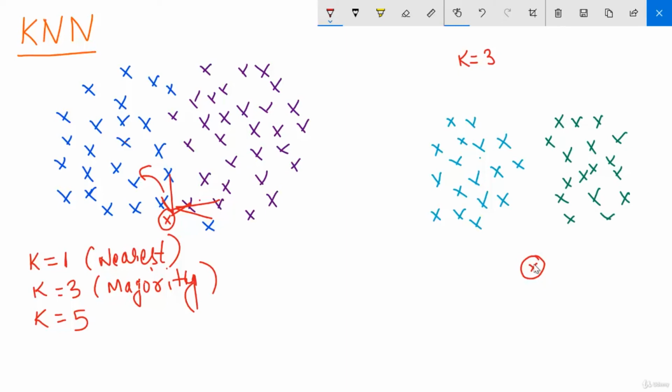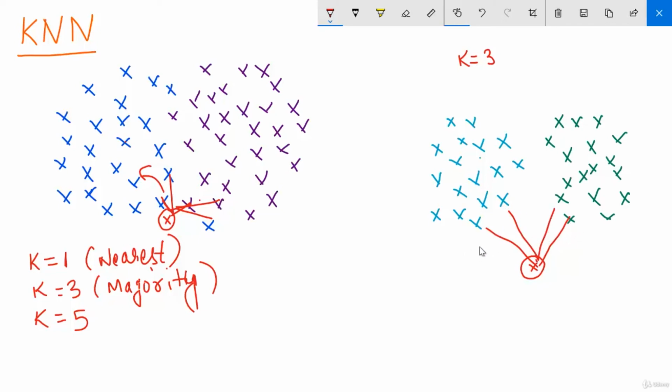So this is a condition where KNN fails, because the point is in the middle and everything is equally distant. Like this is equal, or this is also equal, and the third point is equal, or anything, everything is equal here.